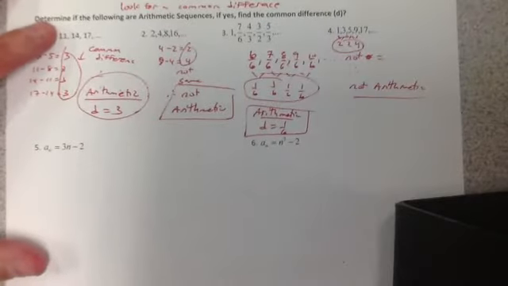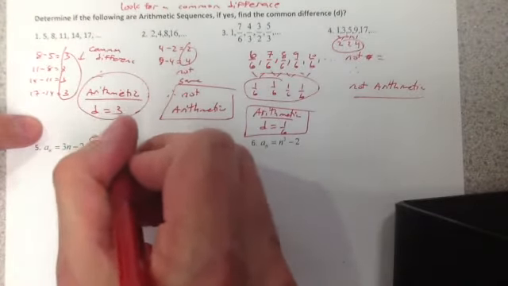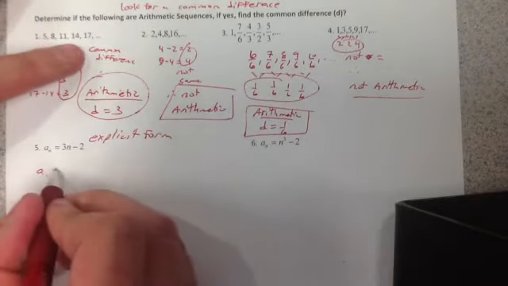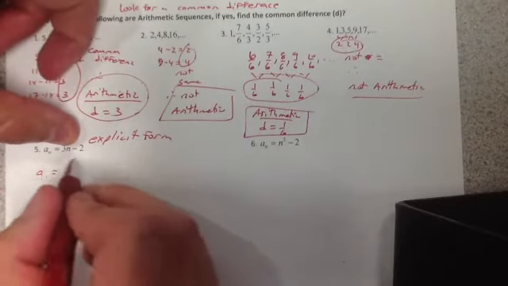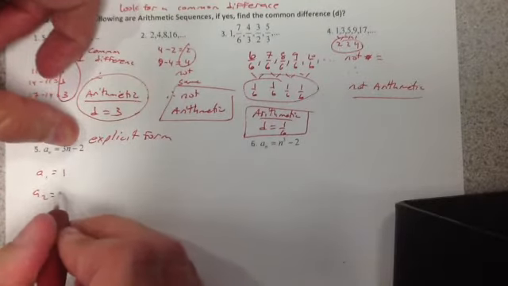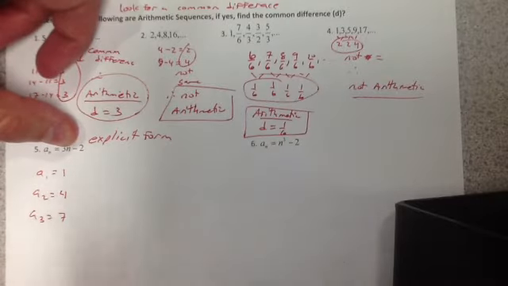So let's try this one. Now, number 5, I didn't give you the terms. We're going to have to generate them. And this is called the explicit form. So we're going to generate it. A sub 1, that's easy enough to do. 3 minus 2 is 1. A sub 2 becomes 6 minus 2, which is 4. A sub 3 becomes 9 minus 2, which is 7.